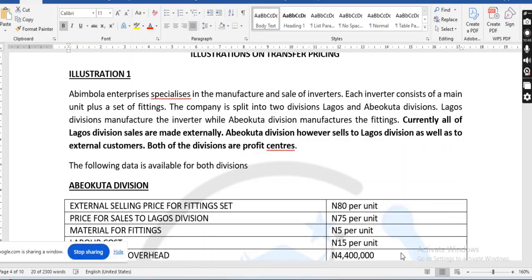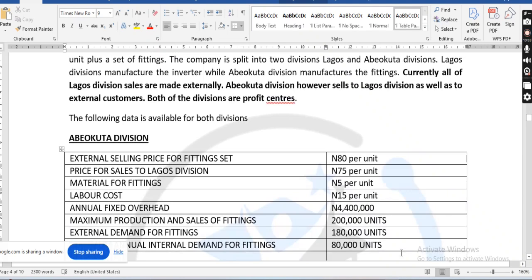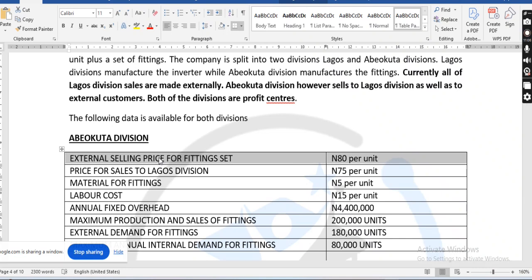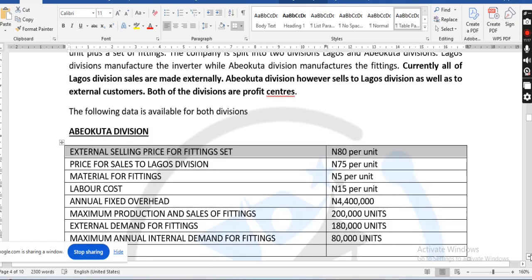Now, the following data is available for both divisions. For external selling price, you can see Abeokuta is the selling division. If Abeokuta wants to sell the fittings externally, it will sell at the market price of 80 naira per unit. So when Abeokuta wants to sell outside, it sells based on the market price.